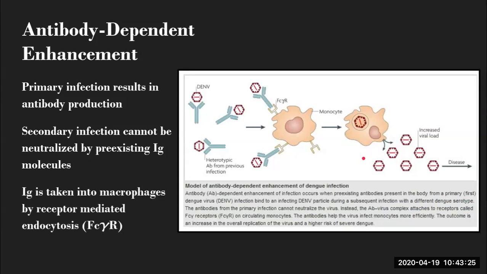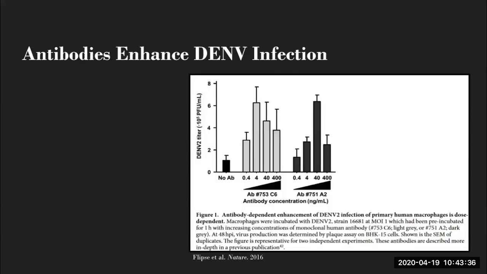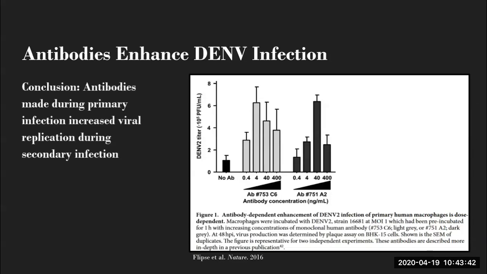And so I've said that there, it's taken into the macrophage and it's inefficiently destroyed. It replicates, and this is what's causing the disease. And so the evidence that we have that this is occurring comes from, well, there's a number of papers, but I've just chosen this one here. And this is what we're calling antibody-dependent enhancement.